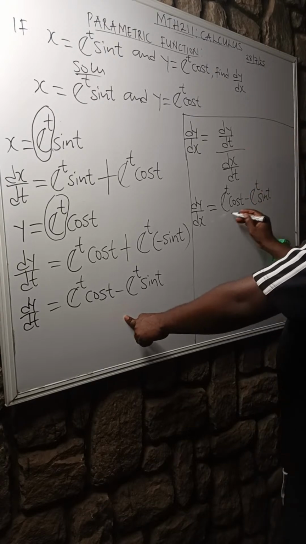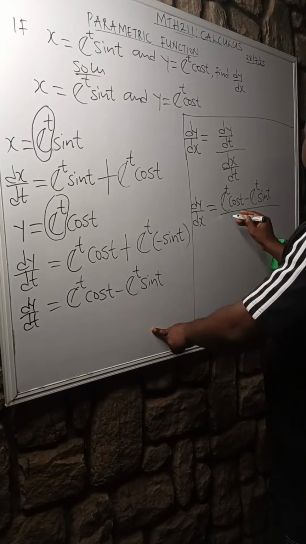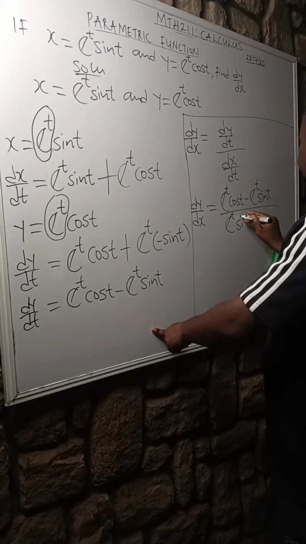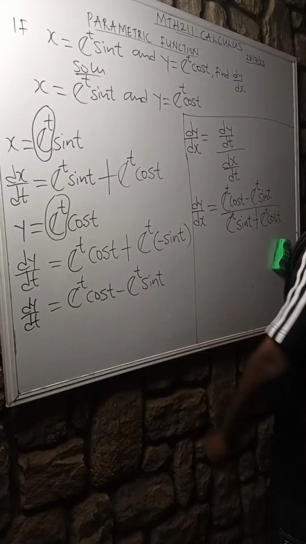Then all over, what is dx over dt? It is this: exponential t sine t plus exponential t cos t, right?